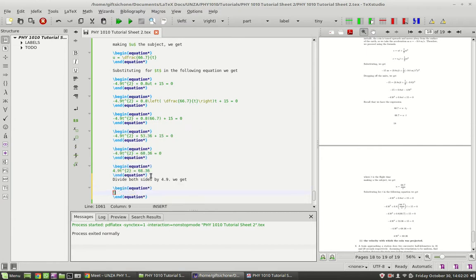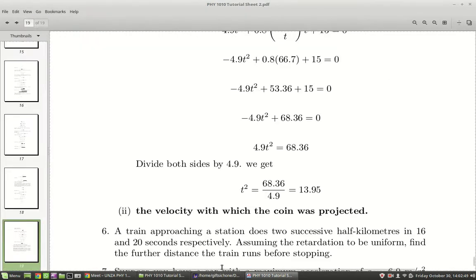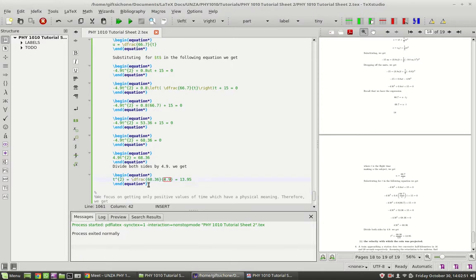That gives you something like 18.95. Then you take the square root on both sides.